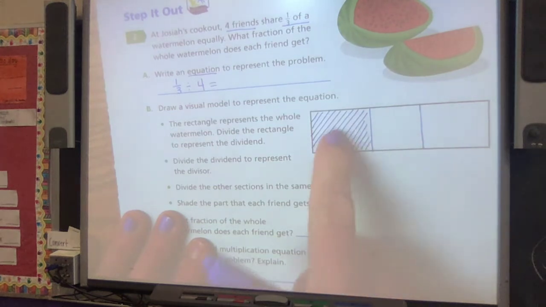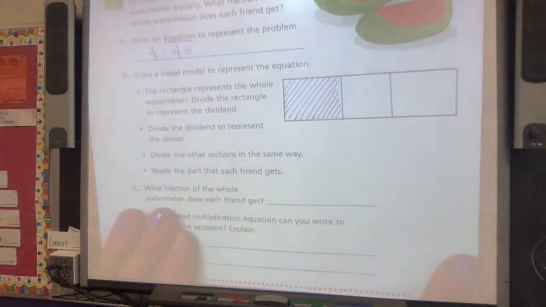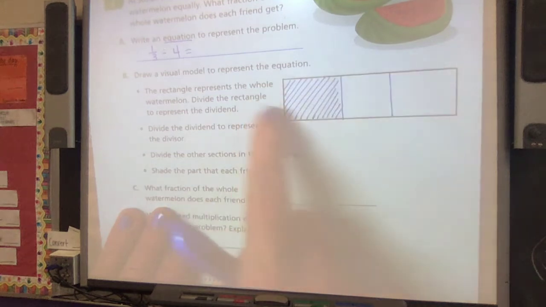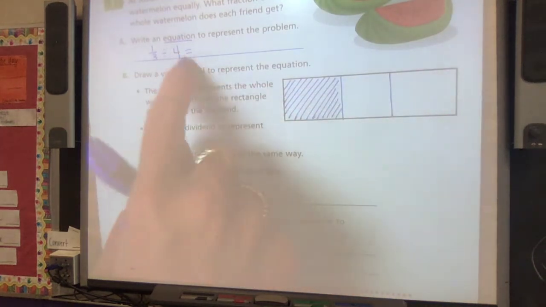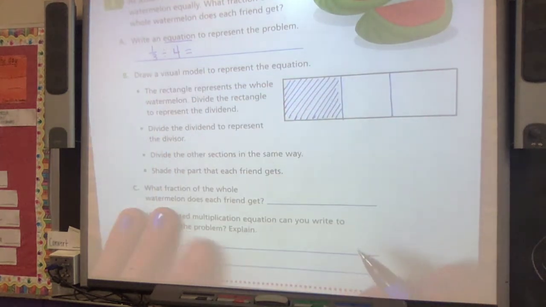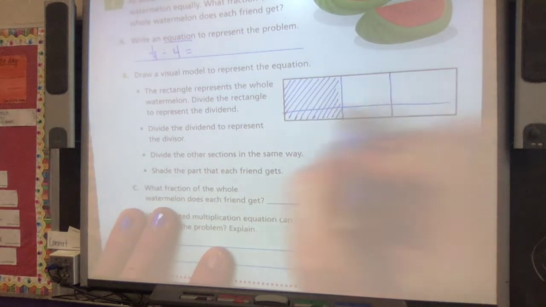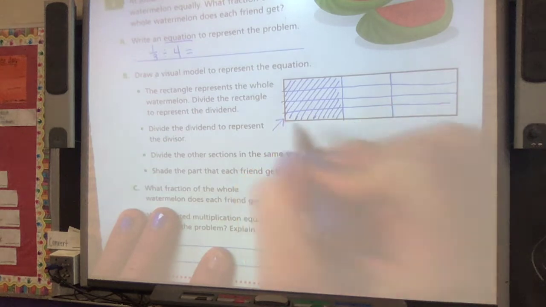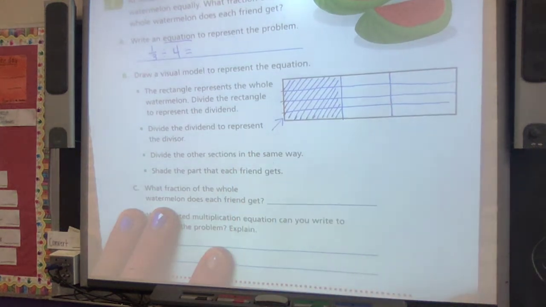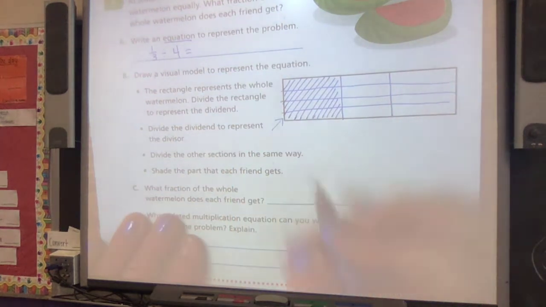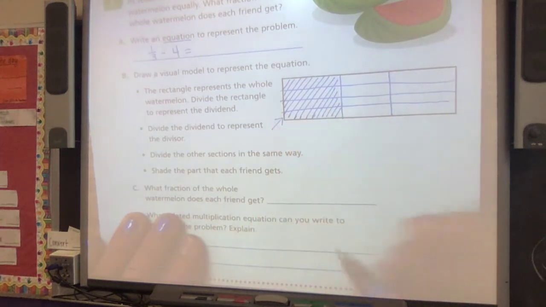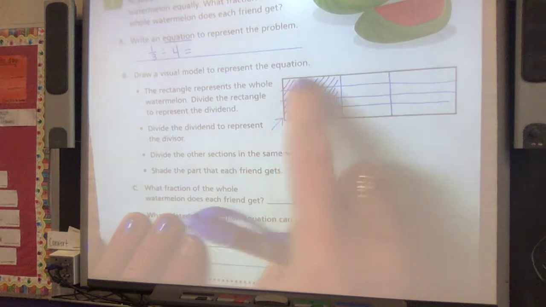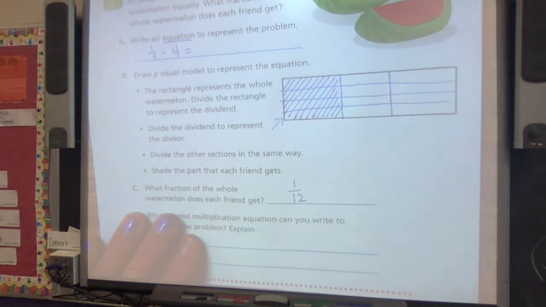This is all the watermelon that we have. And then I'm sharing this 1/3 with 4 people. 1, 2, 3, and 4. Everybody's going to get one of these pieces, my 4 friends. What fraction of the whole watermelon do they get? Each friend is just going to get 1/12. 1, 2, 3, 4, 8, 12, and they get 1 of those.